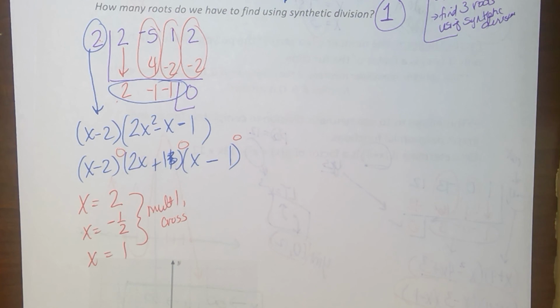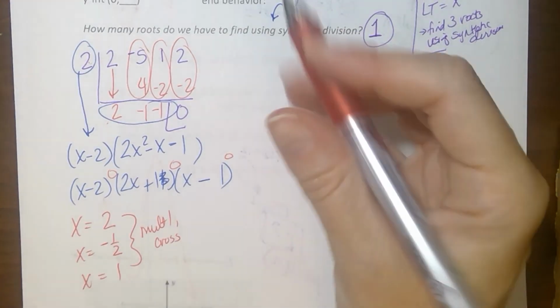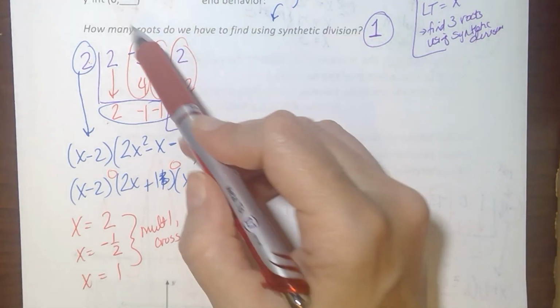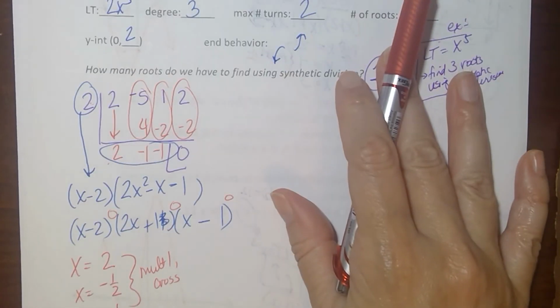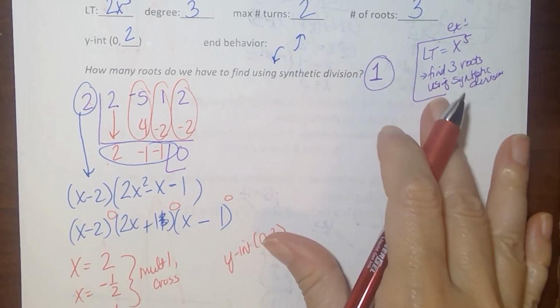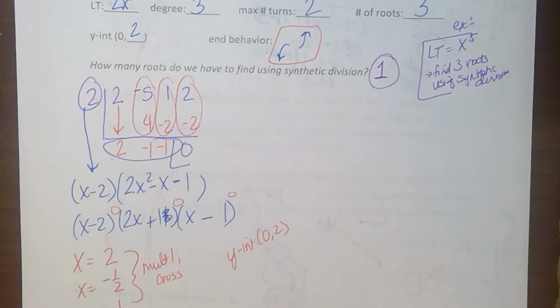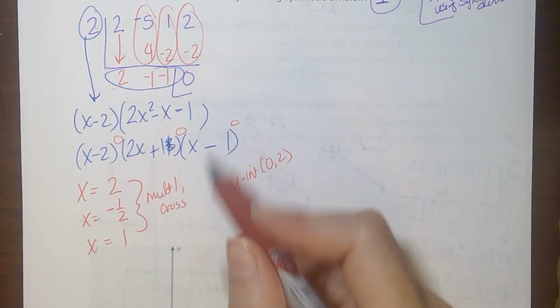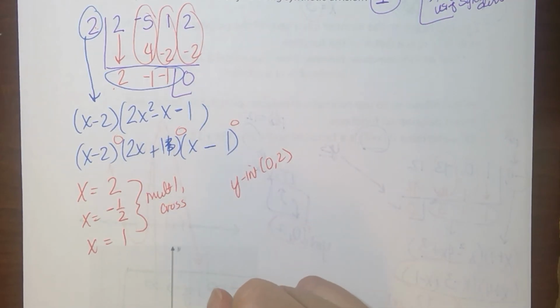So let's set this up so that I have my x-intercepts and I have my y-intercept. My y-intercept, remember, was (0, 2). And I know my end behavior. So I have a root at 2. I have a root at negative 1/2 and a root at positive 1.